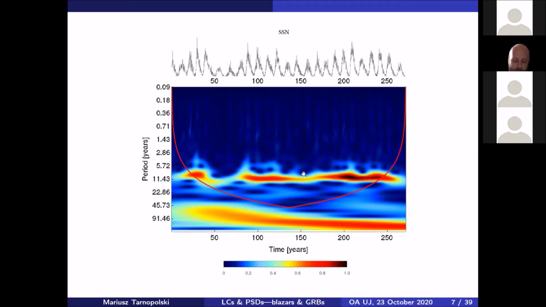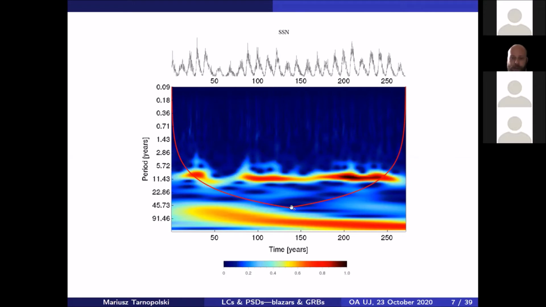Moreover, we see here something at the period of 100 years, which after a closer look at the sequence, looks like a sinusoidal envelope, like here in the upper part. So at the beginning of the sequence, there's only part of the cycle starting with low peaks, and this is represented in the scalogram as a band toward lower periods.